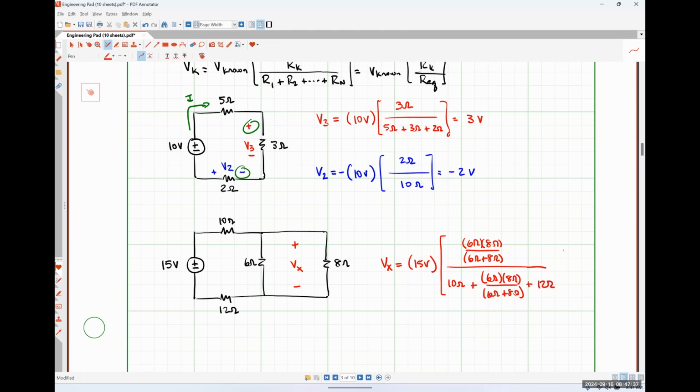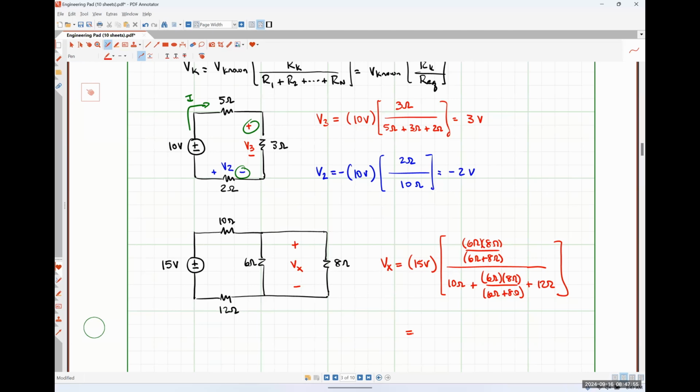Plus 12 ohms over here will give me some result. I'll throw it in my calculator here, but it gives it to me in one step, simply by treating that parallel equivalent resistance as part of a series network.